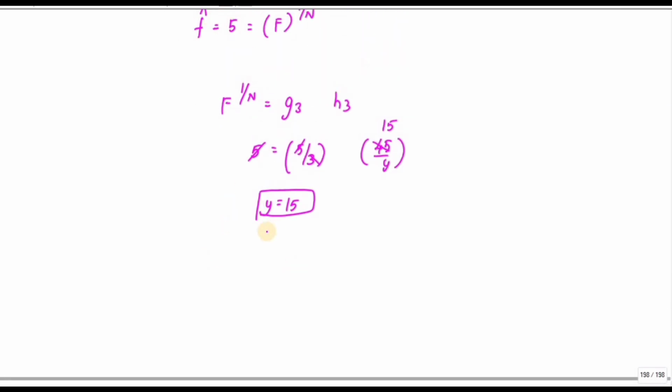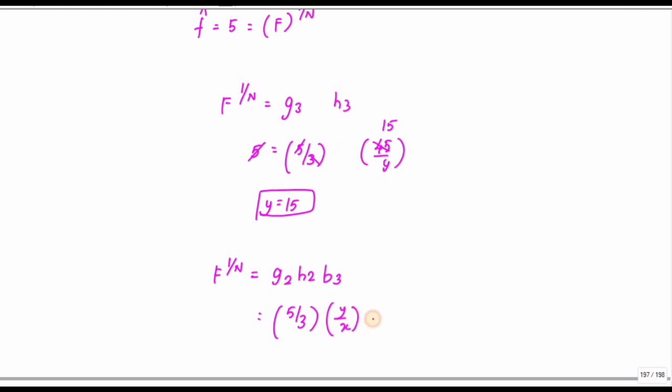So next, I need to find the value of X. Okay. So F power 1 by N, that is equal to G2 into H2. Okay. And you have to take the value of B3. Okay. So this is nothing but 5 by 3 into Y by X, right?